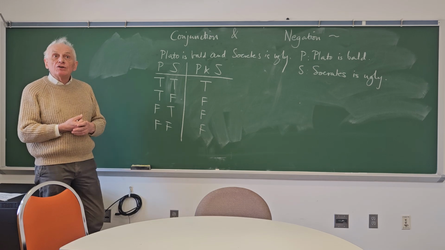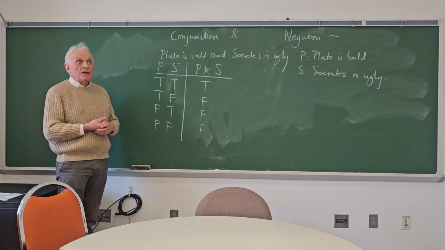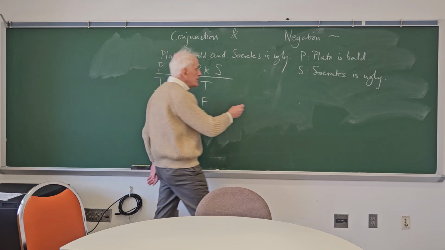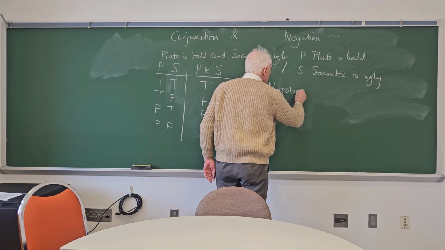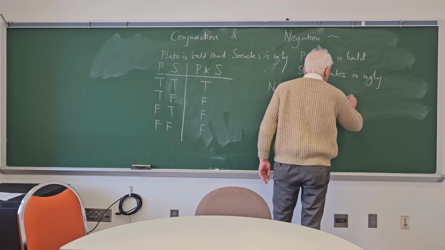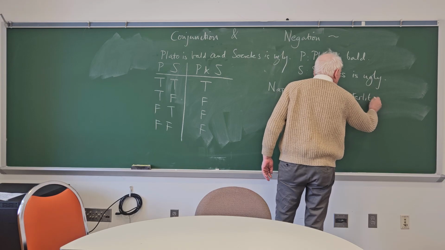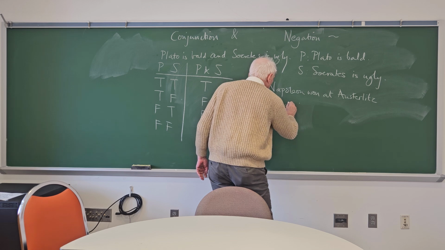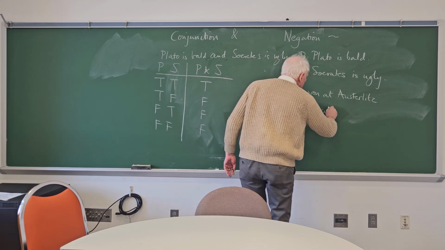A good example of a non-truth functional connective would be the connective before. So think about 2 sentences. Napoleon won at Austerlitz, and Napoleon lost at Waterloo.